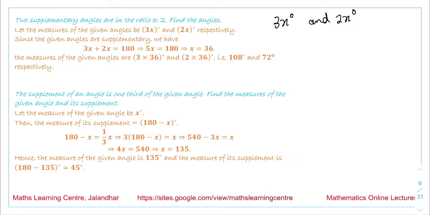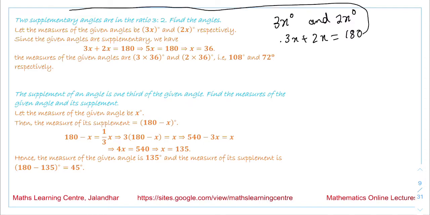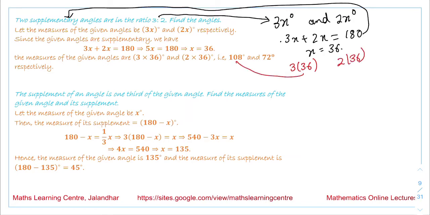Now it is given that these are supplementary angles, so 3x plus 2x, their sum, is 180 degrees. When you solve this, you will get the value of x is 36. So the two angles are 3 into 36 and 2 into 36, that is 108 degrees and 72 degrees.